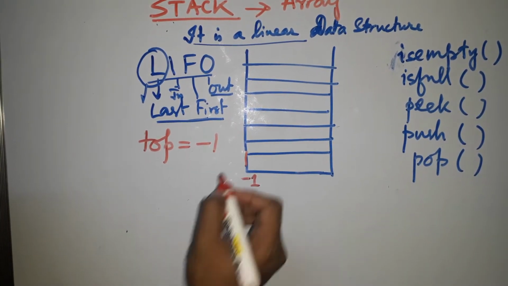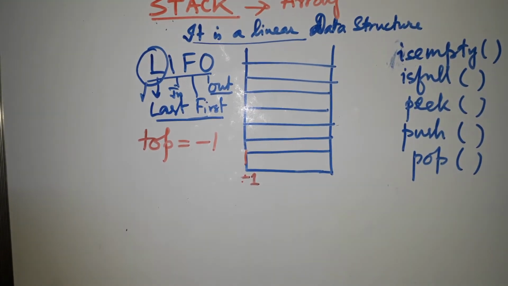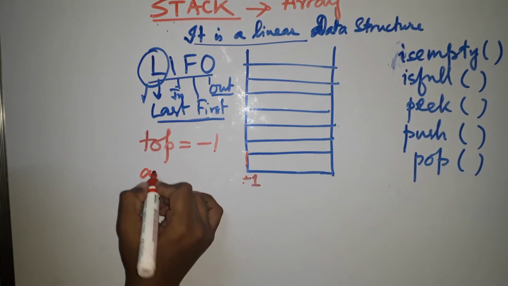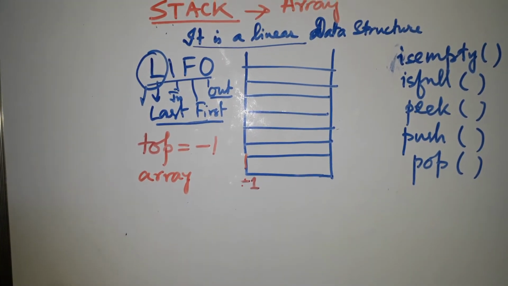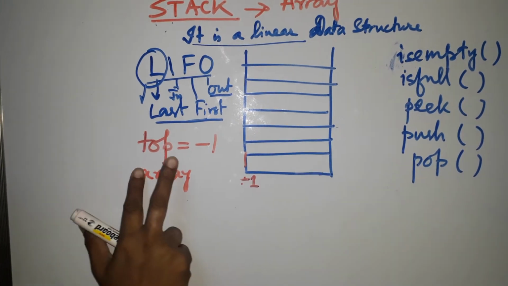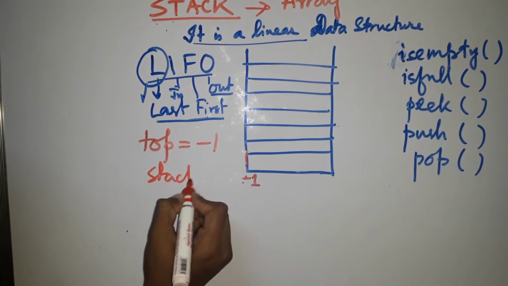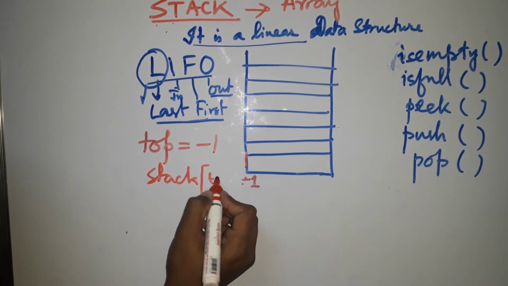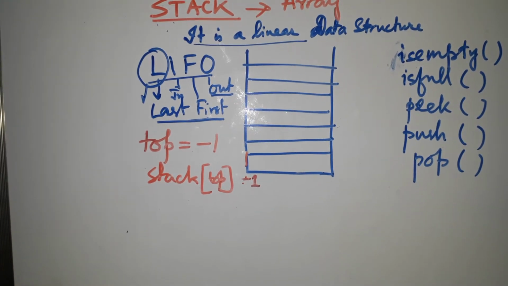Now after that, when we have to insert some data, I am giving the name of this array as stack, and stack of top is where we can input our value.